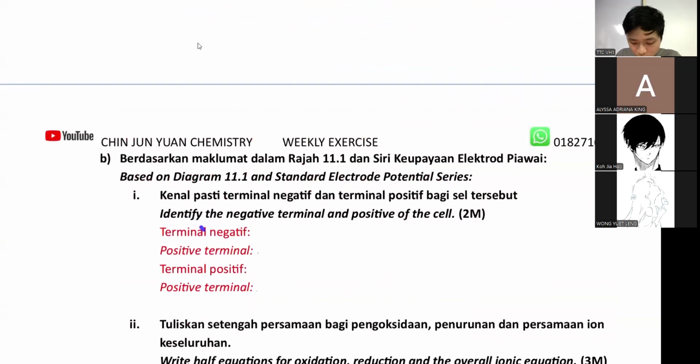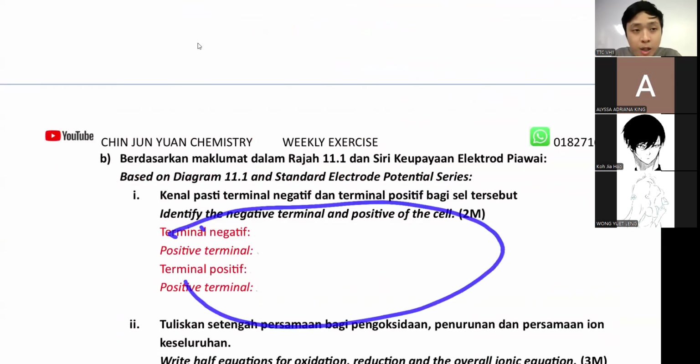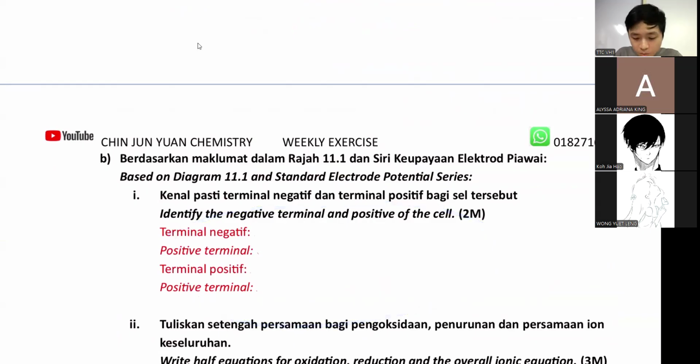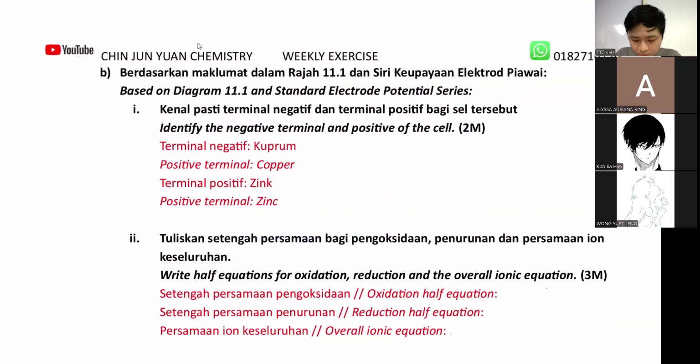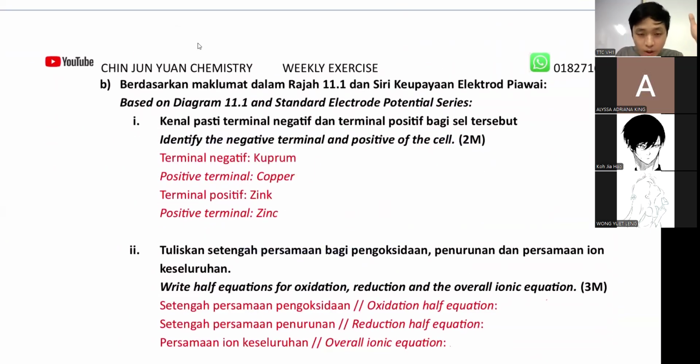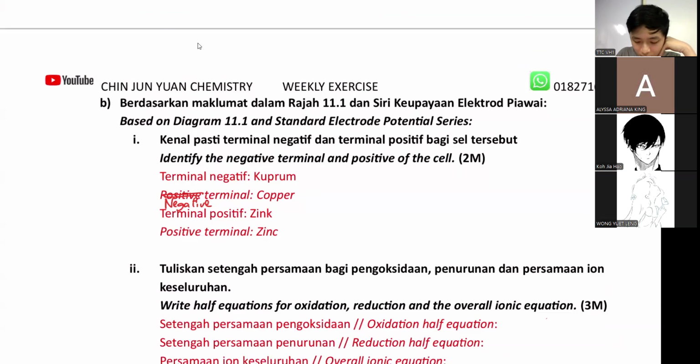Okay, so which one is negative? You can just answer. Copper is positive, zinc is, sorry, I wrote wrongly already. So sorry. So the negative terminal is copper? Am I terbalik?